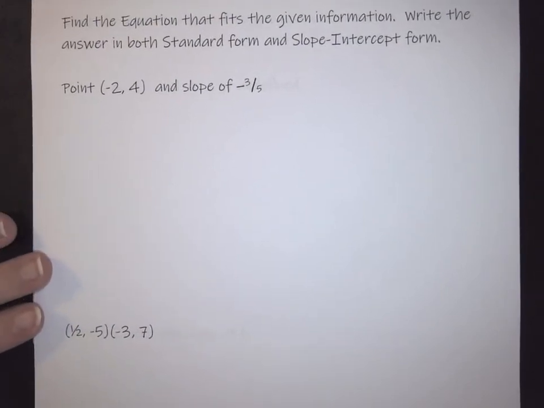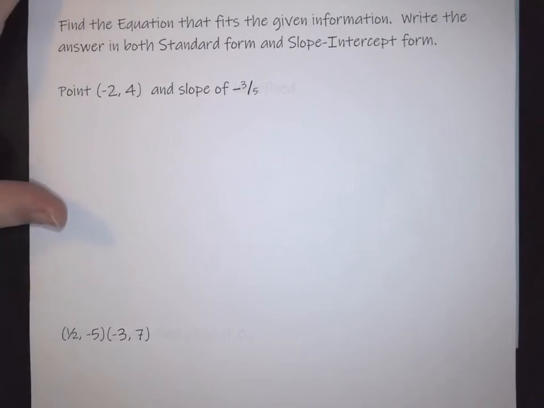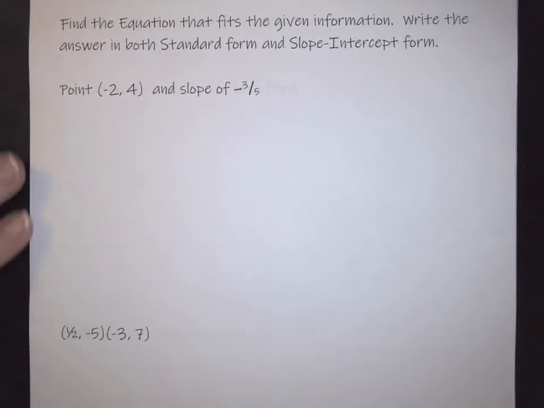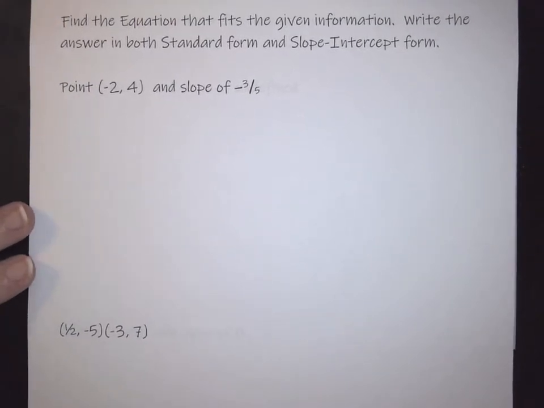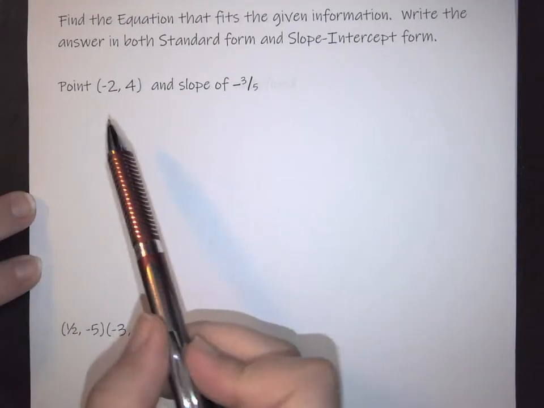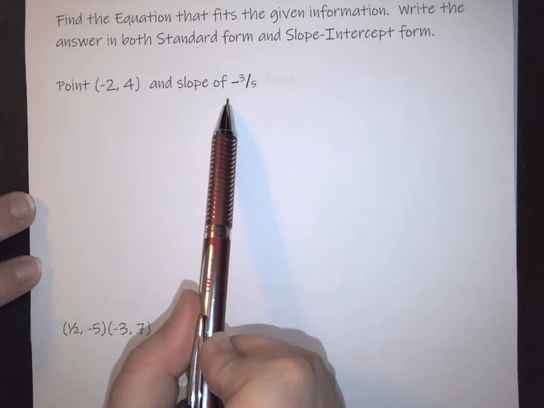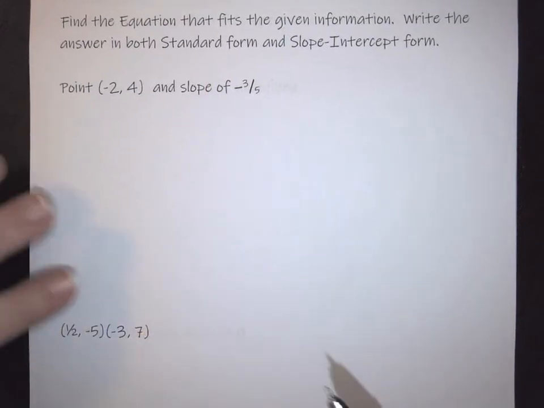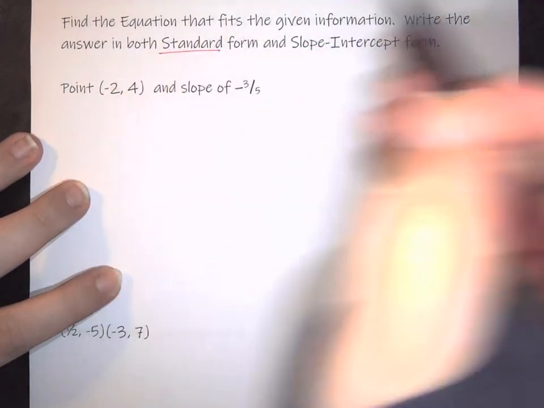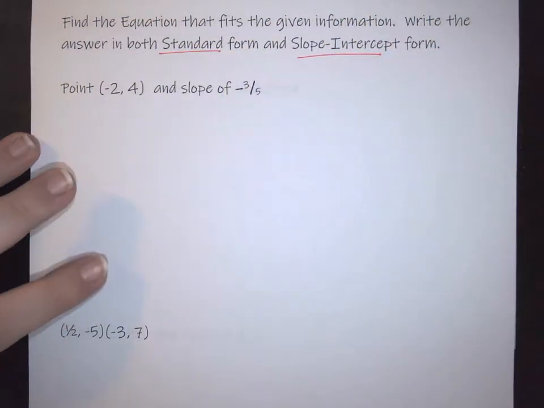One thing that a lot of students struggle with is the idea of actually writing the equation that fits the information you've been given. And so here, what we've been given is a point and a slope. And we are asked to use both standard form and slope-intercept form.